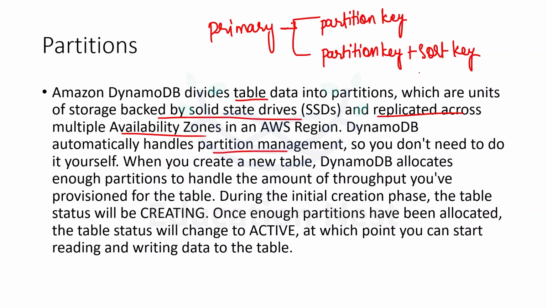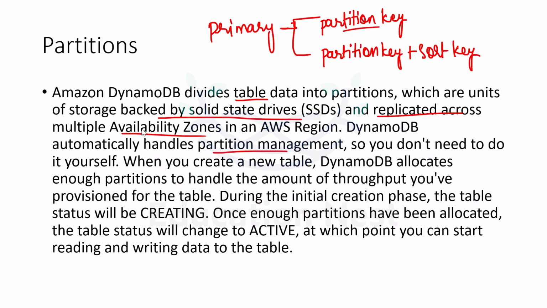If you think the partition key can be unique for the entire table, then only the partition key is enough for your primary key. If the partition key might have duplicate values, then you can use the combination of partition key and sort key for uniquely identifying your item inside the table.